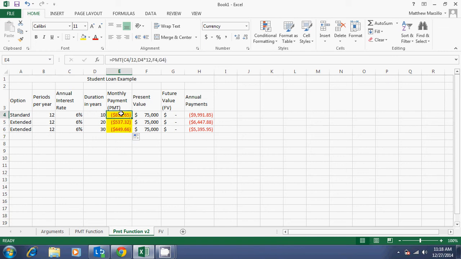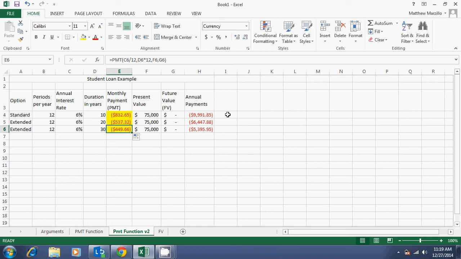You can see how the monthly and annual payment amount goes down when you extend the period out a little bit longer. If you're trying to pay it off in 10 years, you're going to pay a lot more per month than if you're trying to pay it off in 30 years. Pretty simple math there, that's kind of intuitive.